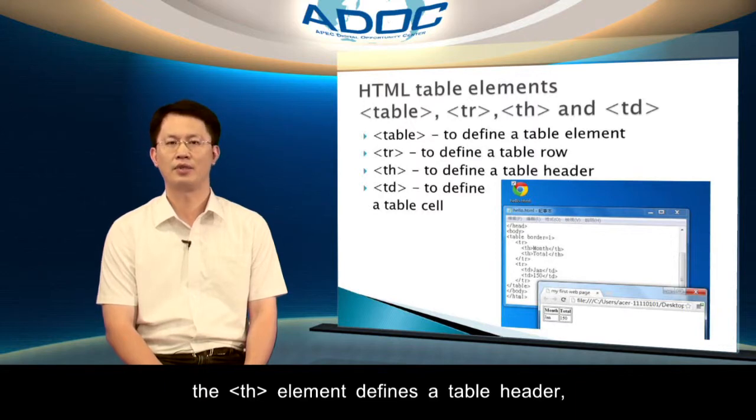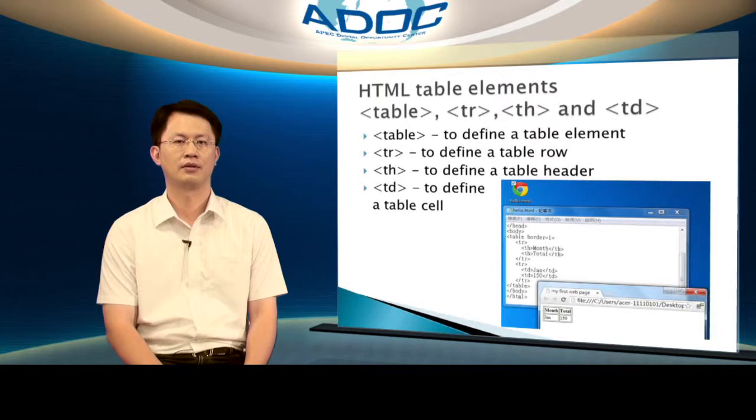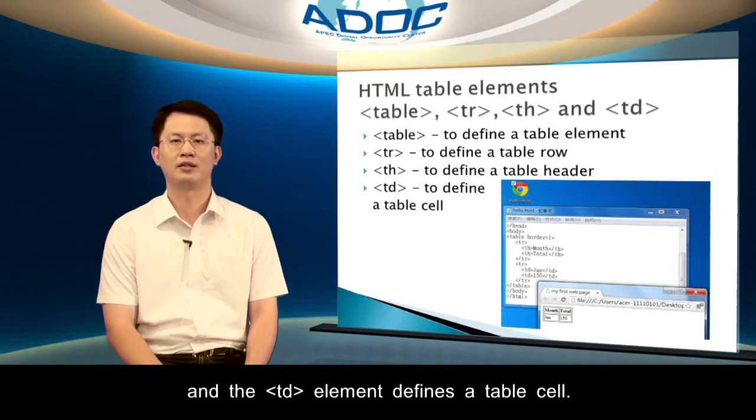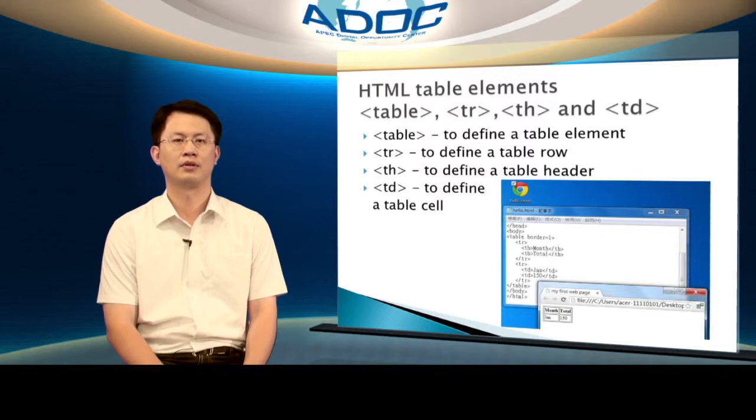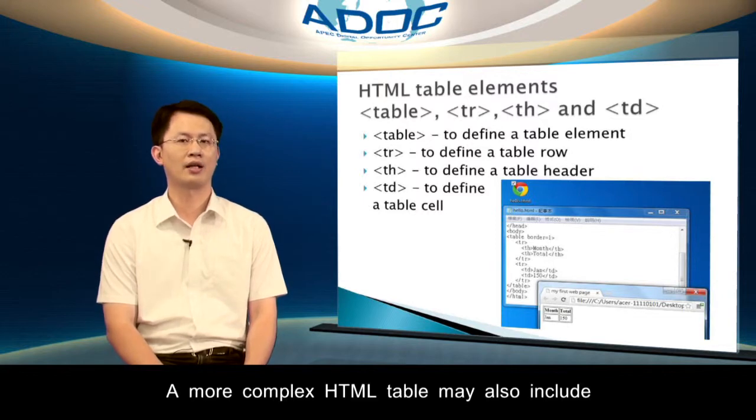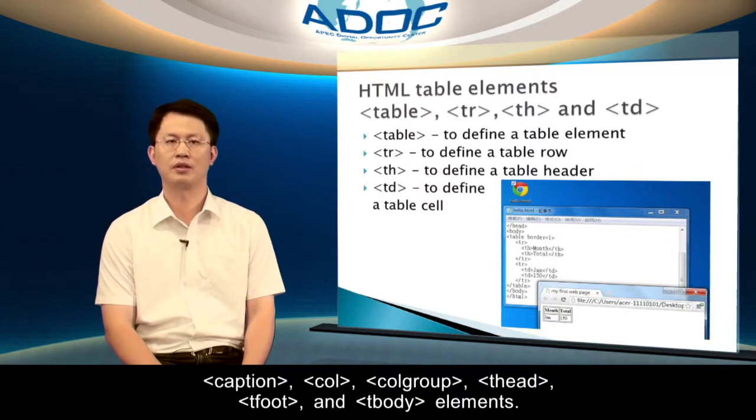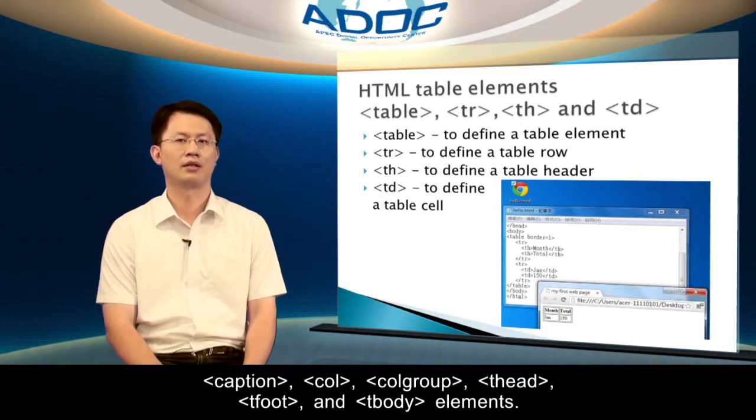The th element defines a table header. And the td element defines a table cell. A more complex HTML table may also include caption, col, colgroup, thead, tfoot, and tbody elements.